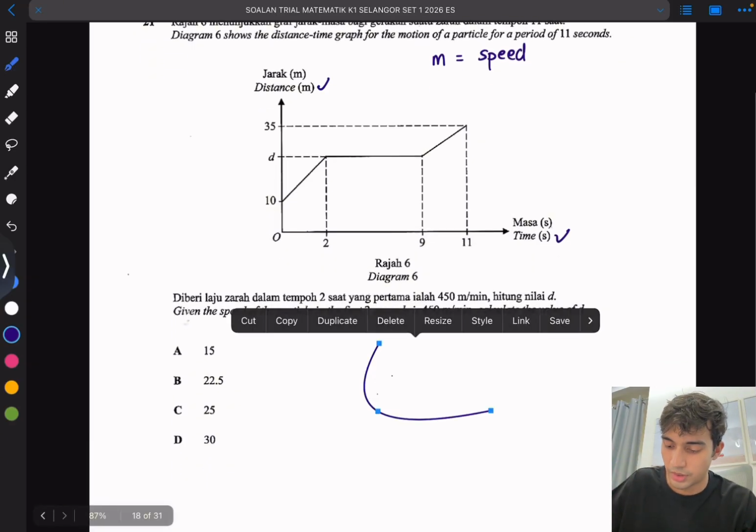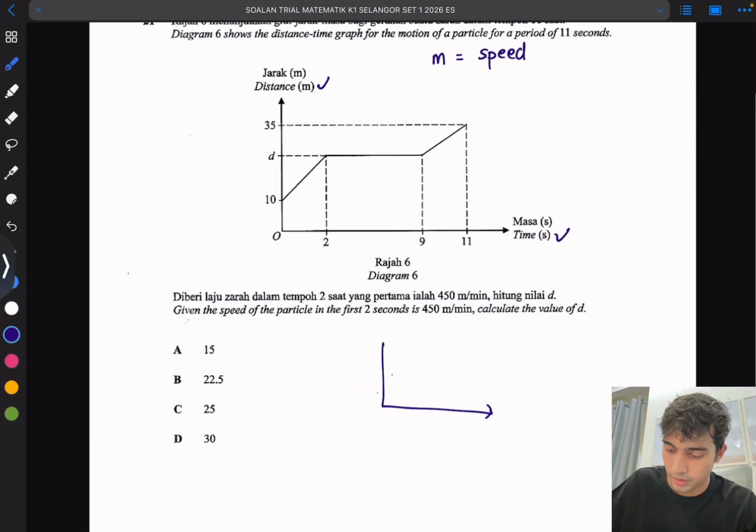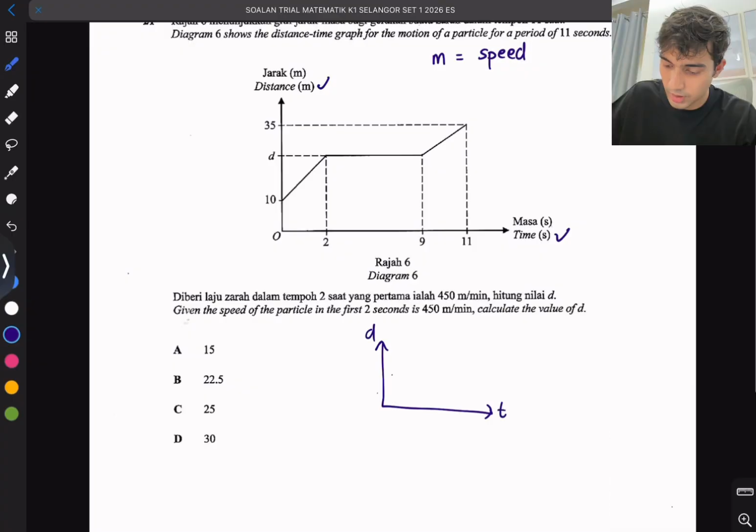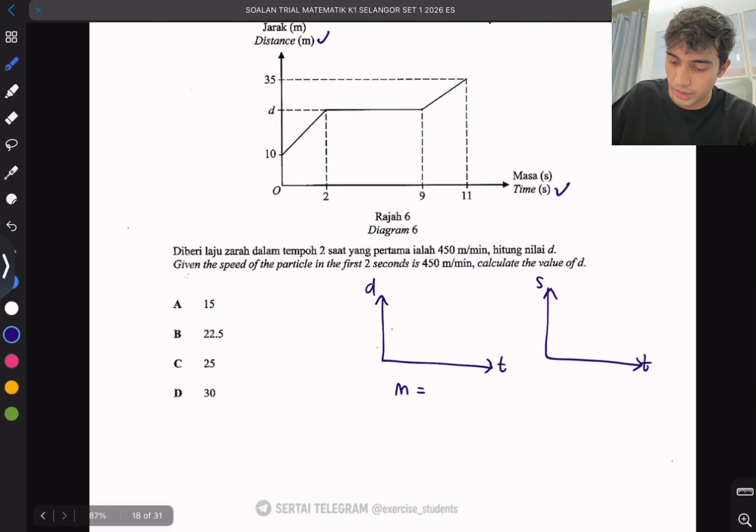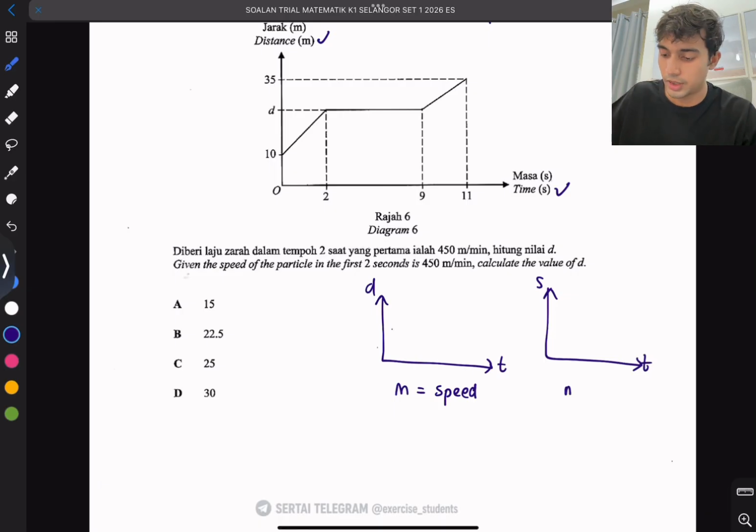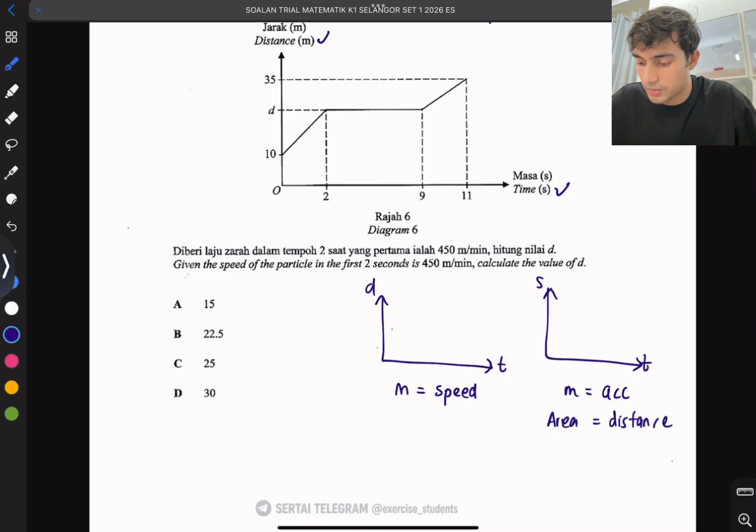One is you have a distance time graph. One more is you have speed time graph. In a distance time graph, the gradient represents speed. In a speed time graph, the gradient will represent acceleration. And the area under the graph will represent distance. If you remember these 3 things, you can solve almost all the questions.